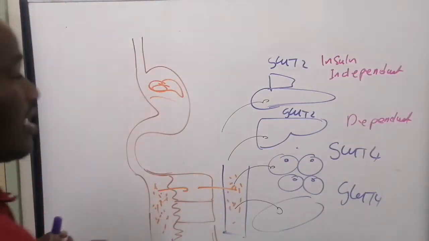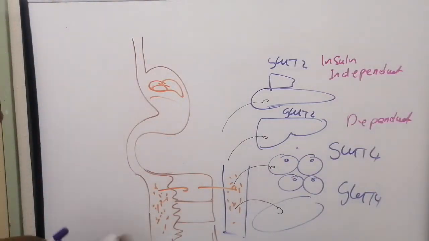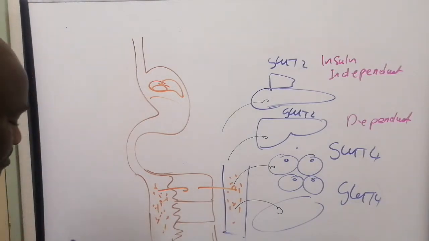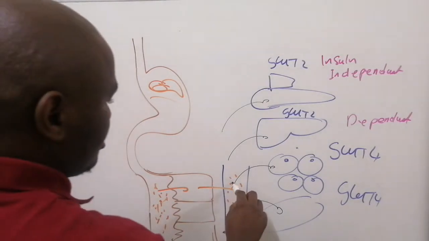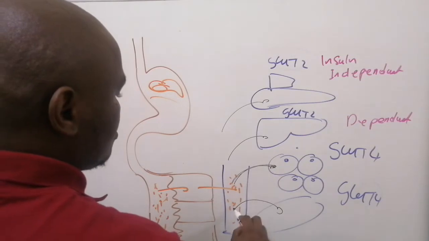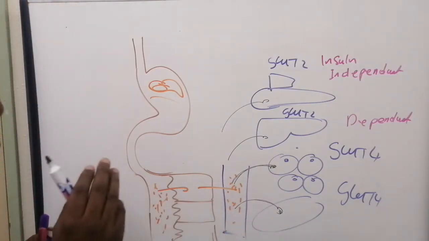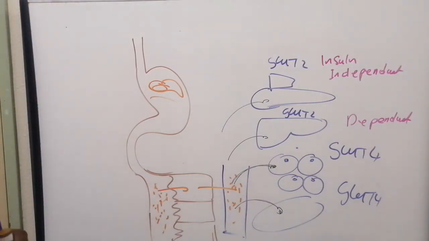So for them to actually be able to uptake glucose, they need insulin. And we said that GLUT4 are the major role players when it comes to glucose uptake.